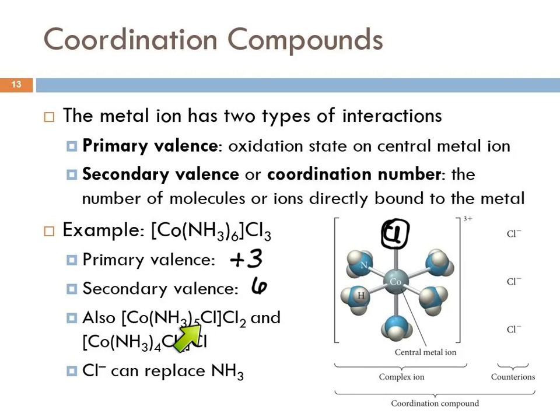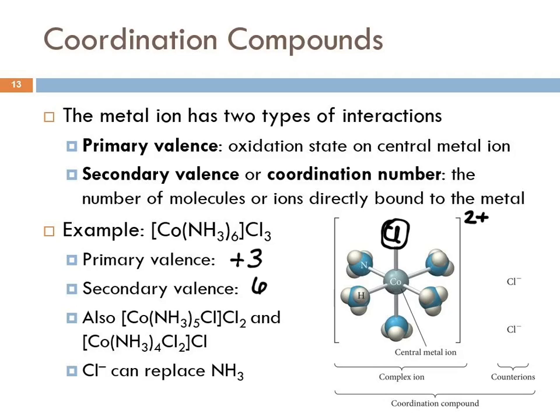So that would be this guy. Cobalt, NH3, 5, and now chlorine is also one of the ligands. That changes the charge to 2 plus, right? And then we don't need all three of those counter ions, we only need 2.